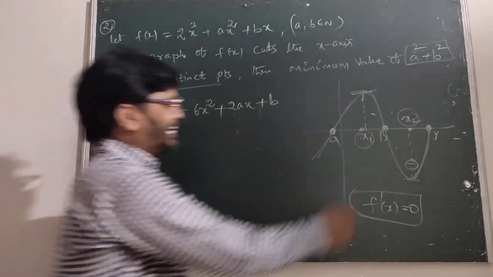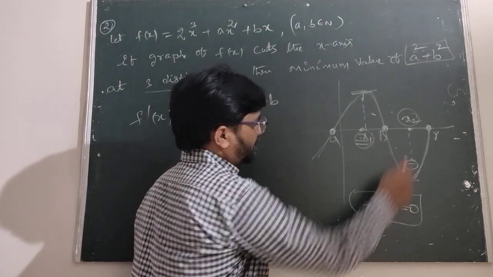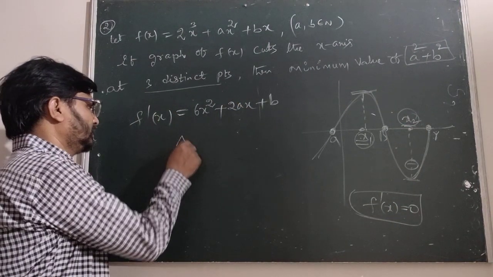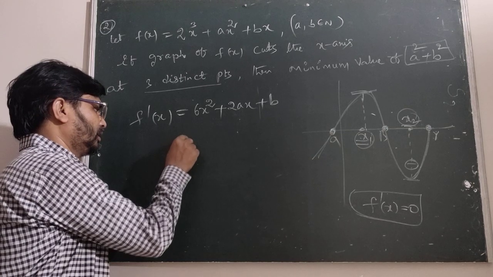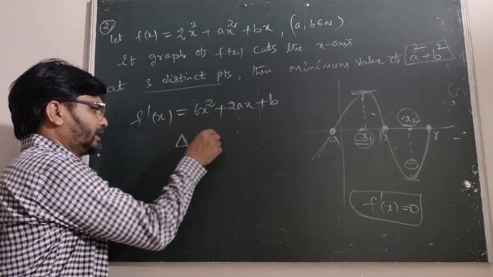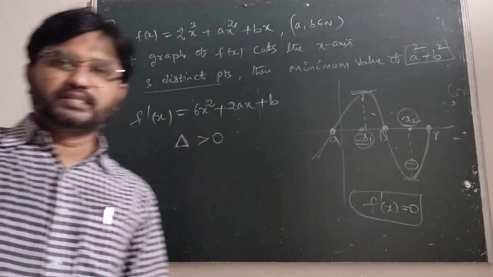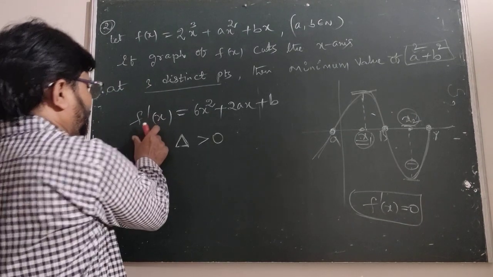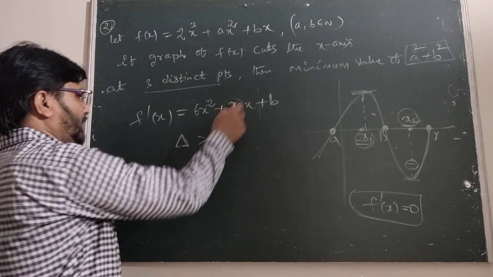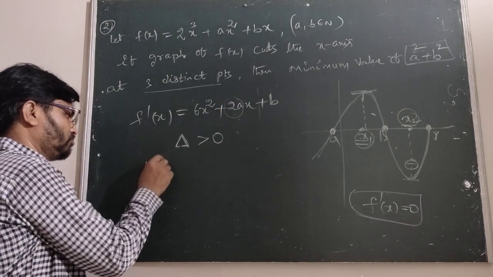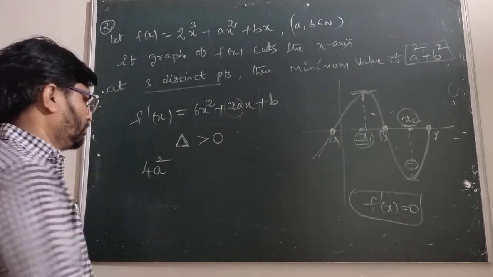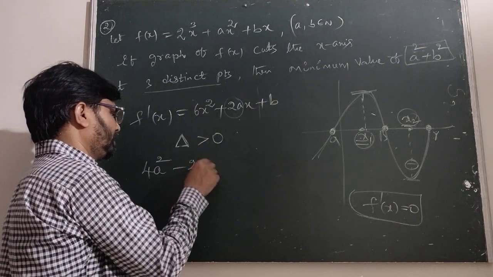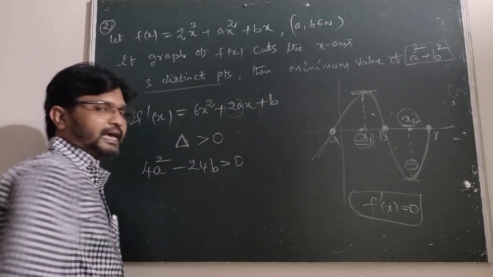When f dash of x equal to 0 has two distinct roots, undoubtedly its discriminant must be greater than 0. Therefore, the discriminant of f dash of x is b square minus 4ac, that is 4a square minus 4 into 6, 24b, greater than 0.